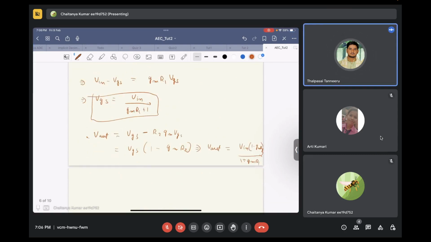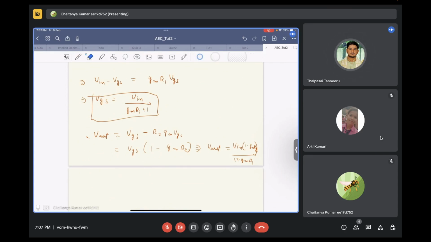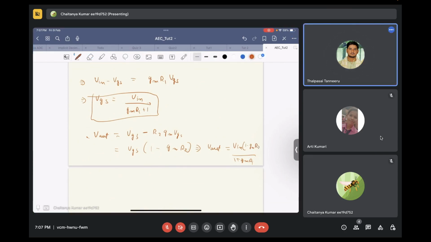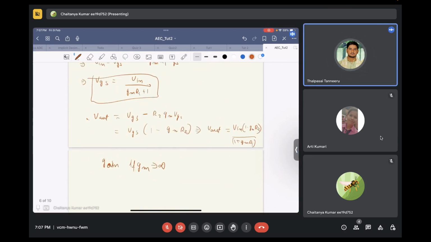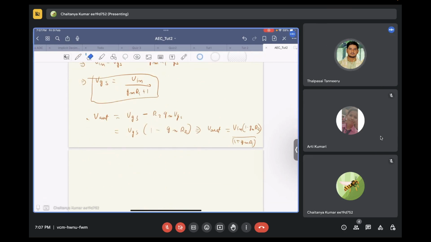Okay, so this is clear now. Now, what will be the gain if gm tends to infinity? What is the gain right now, first of all?